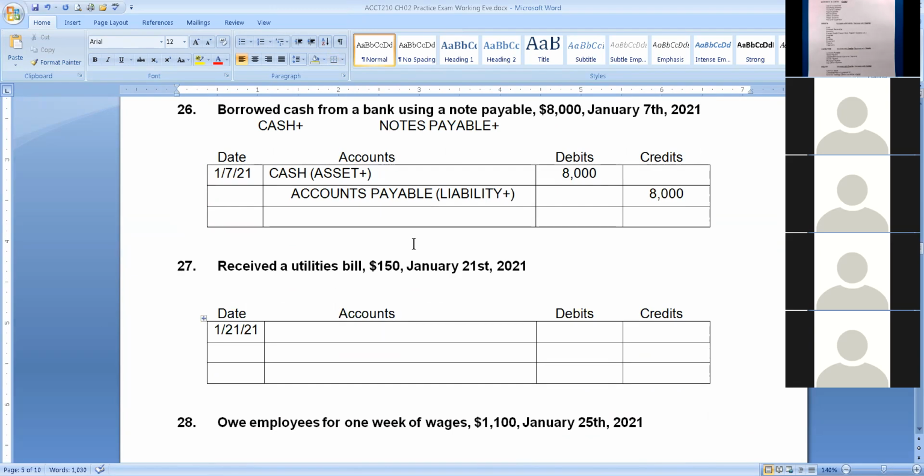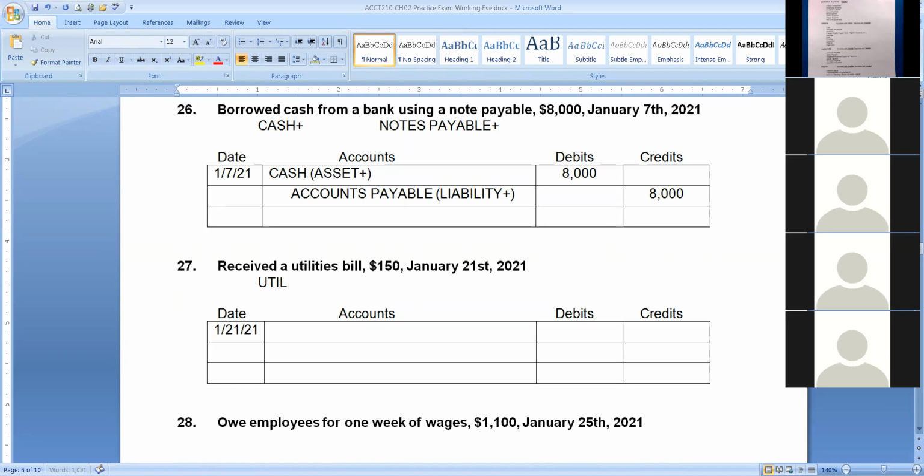Received utilities bill. Utility expense and accounts payable. Yes and yes. Perfect.